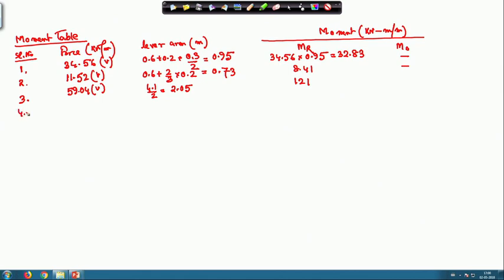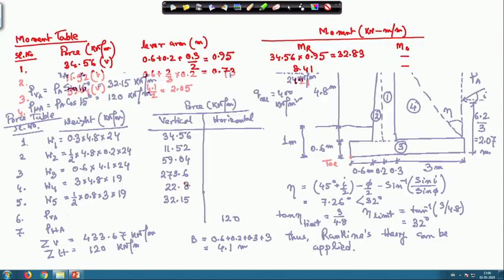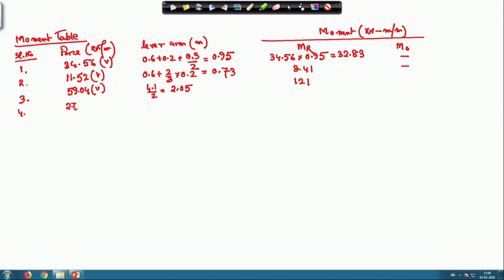Then for the fourth part, the rectangular portion of the soil, the force is 273.6, and this will act in the vertical direction.